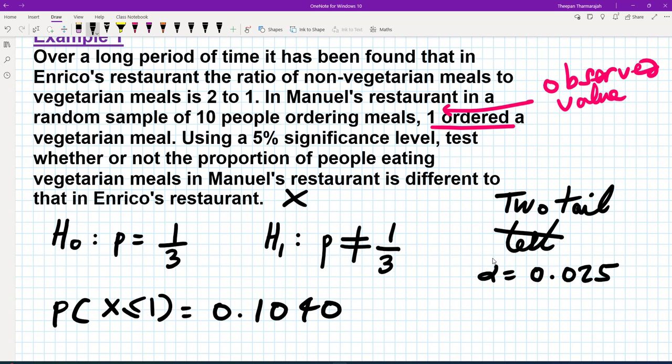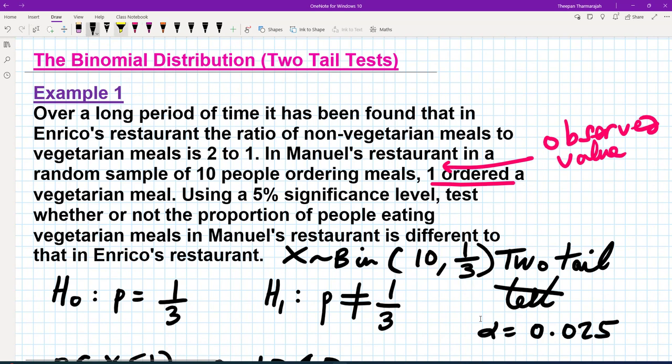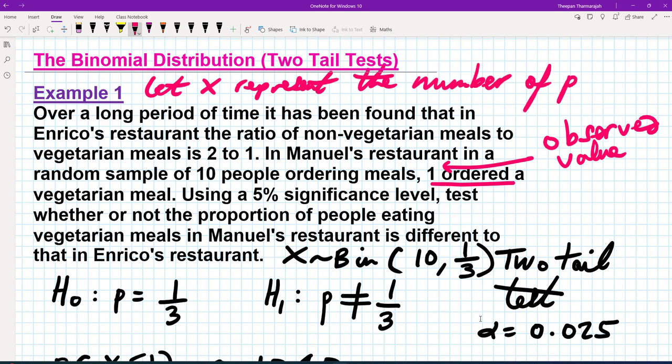And don't forget, we can say x follows the binomial, where we have 10 people and the probability of ordering a vegetarian meal is a third. That's our binomial model. And we can define our random variable as follows. Let x represent the number of people who order a vegetarian meal.